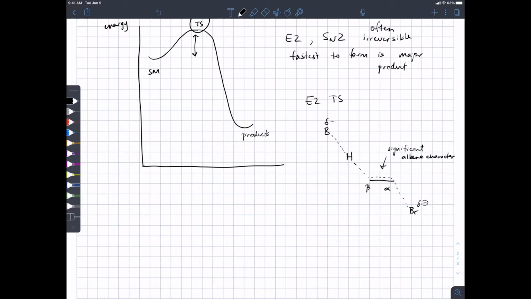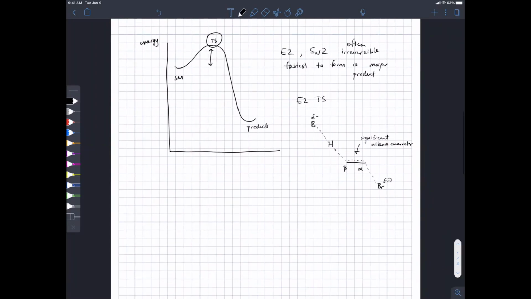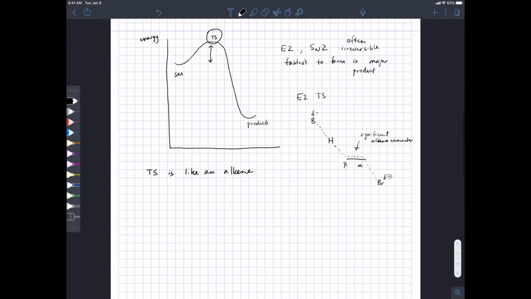Not completely by any means, but already substantially formed. And what this means for us is if the transition state is already like an alkene, then the more stable alkene product must come from the more stable transition state.